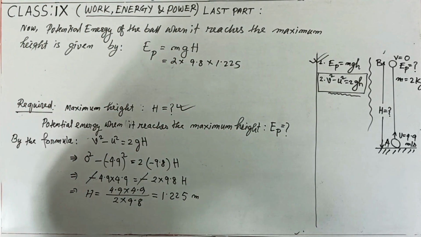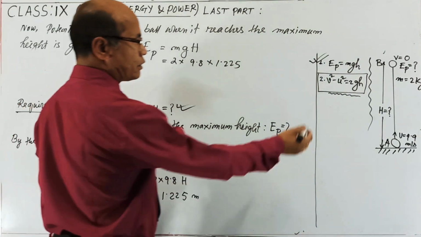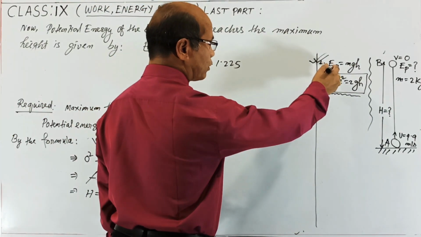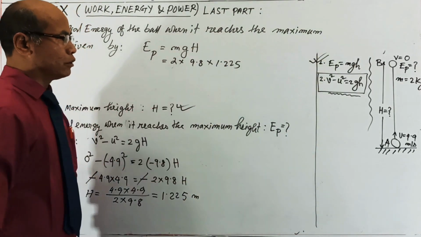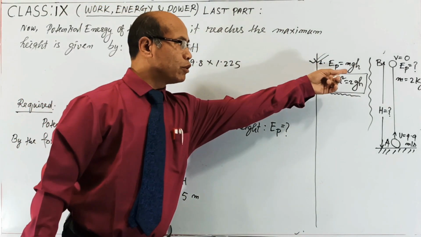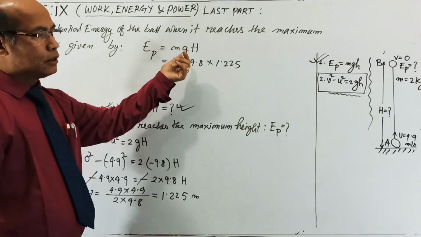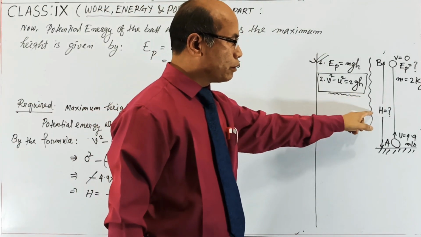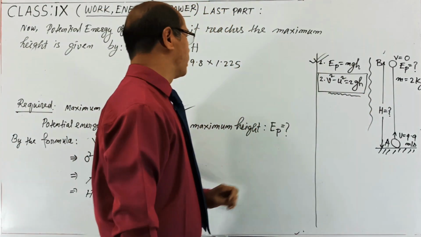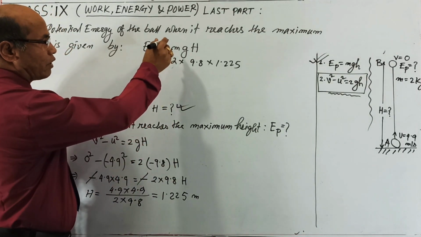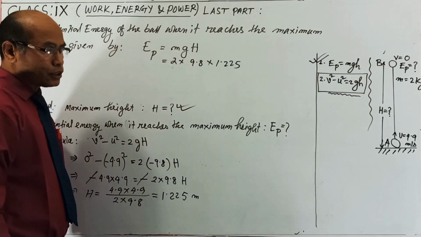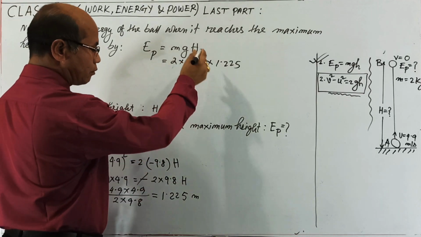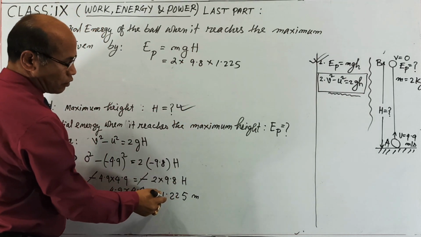So now, using this relation for gravitational potential energy, EP is equal to mgh, we replace the small h by capital H, because in our case the maximum height is represented by capital H. Then we put the values: m is equal to 2 kg, g is equal to 9.8 meter per second square, into the maximum height we already worked out.